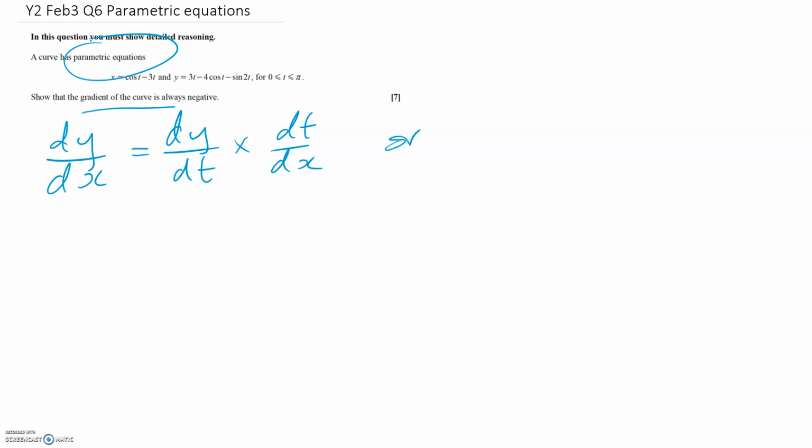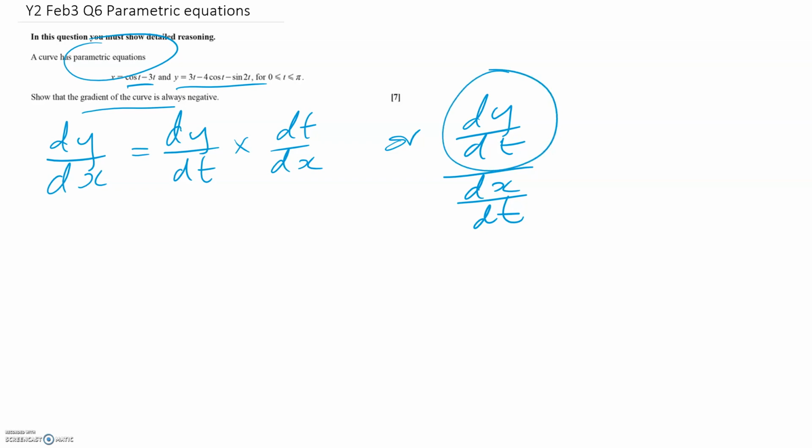Another way of saying that is dy by dt divided by dx by dt. So essentially we've just got to differentiate x with respect to t, differentiate y with respect to t, and then we'll divide them with dy by dt being on the numerator.